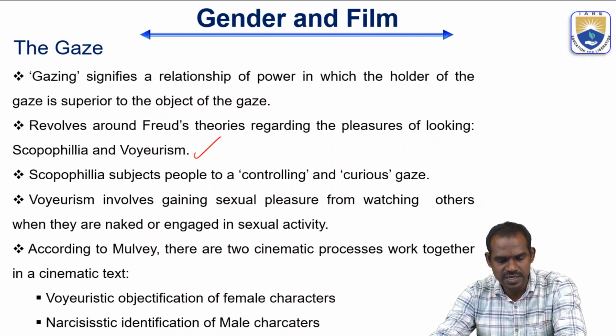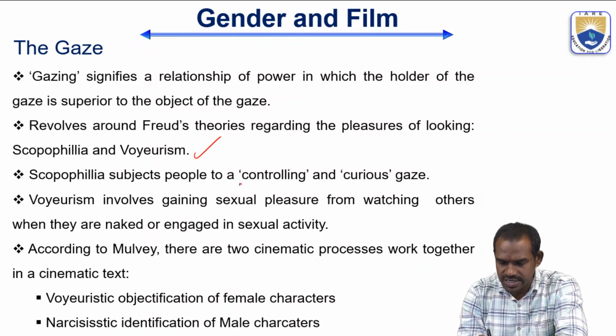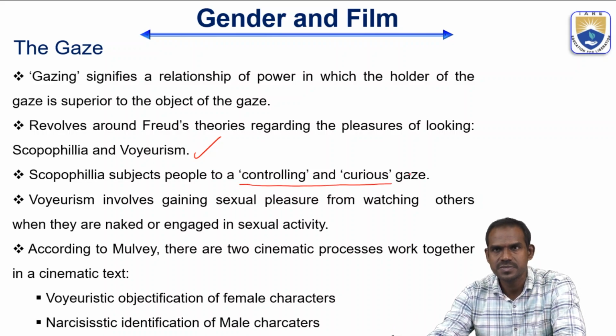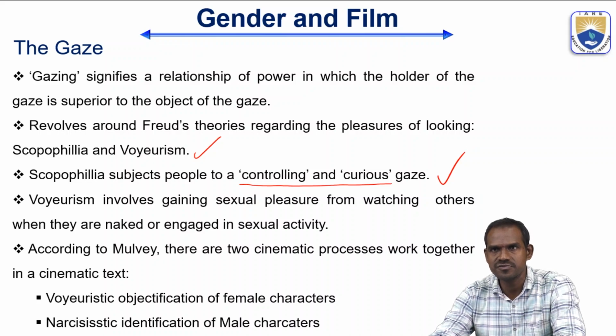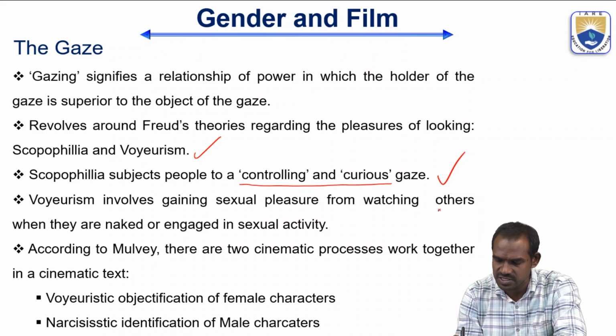Scopophilia subjects people to a controlling and curious gaze. The gaze or staring is in a controlling way, in a curious way. This kind of pleasure of looking is called scopophilia. And the second kind of pleasure of looking includes voyeurism, which involves gaining sexual pleasure from watching others, either men or women, but especially here they mean watching women.